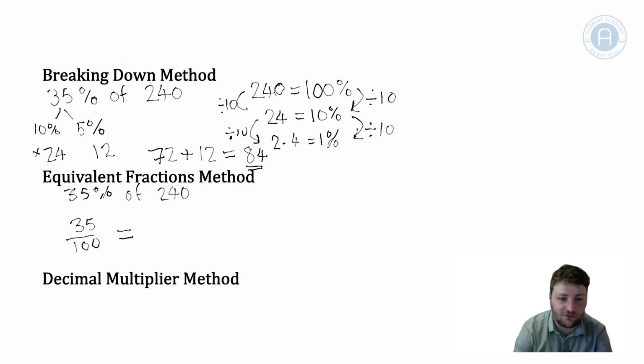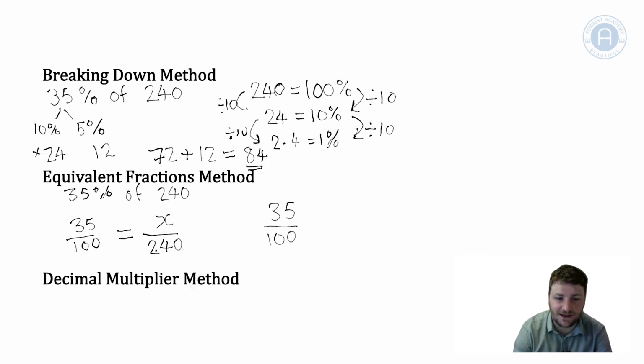And we're trying to find some amount out of 240. Okay, so again, we're going to try and make a way to get these two fractions to be equivalent. So I've got 100, so 35 over 100.